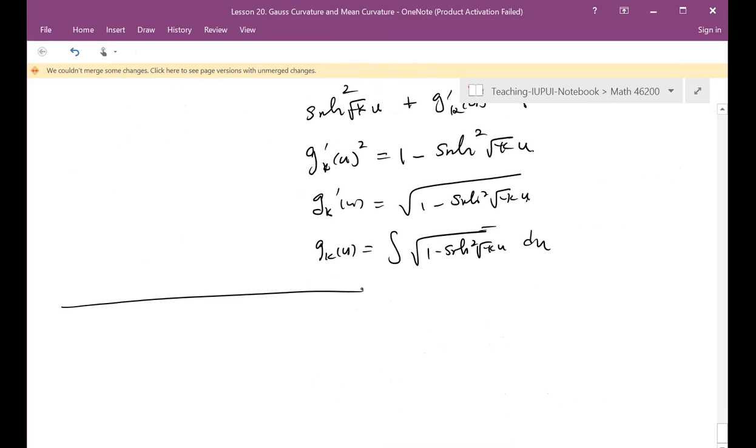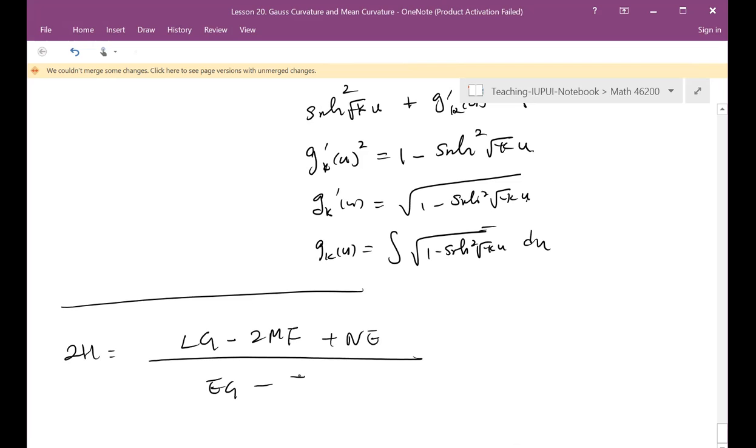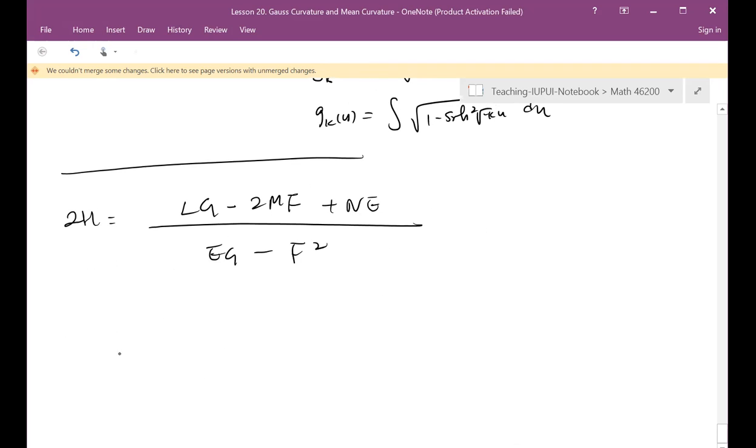Now I'm going to also try to calculate the mean curvature. The mean curvature is defined by Lg minus 2mf plus ne, over Eg minus f squared. So I will get Eg is little f squared.